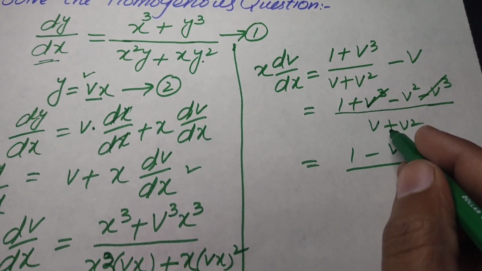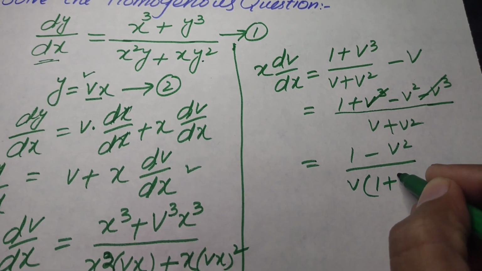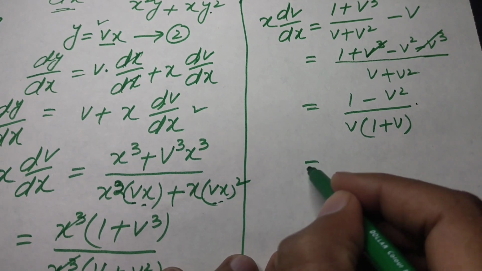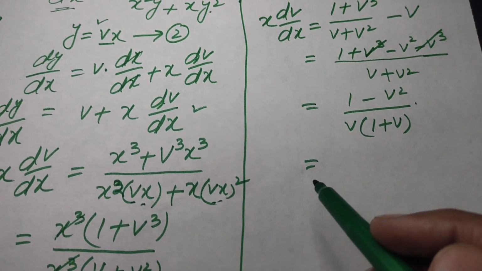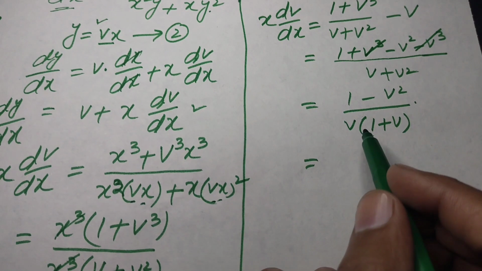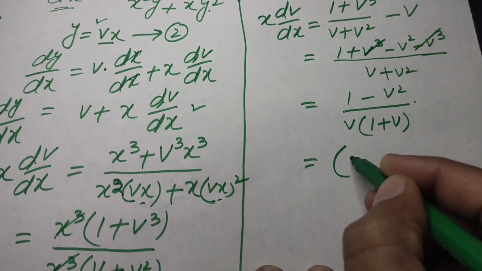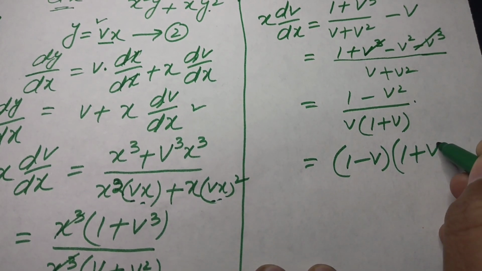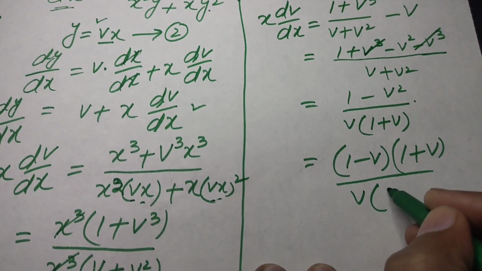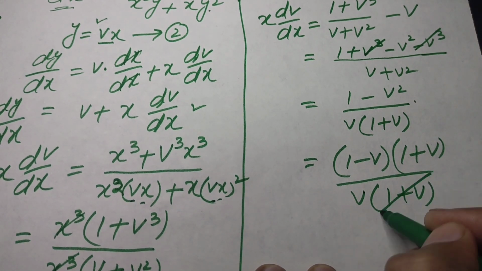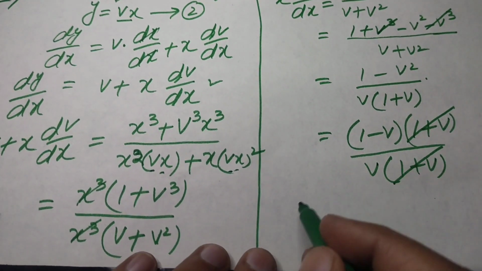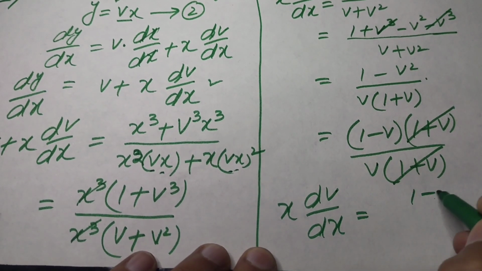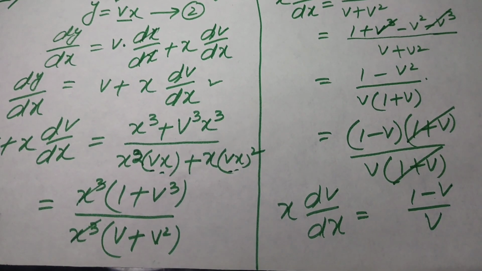Over here we take v common from both terms in the denominator and get v into (1 plus v). Now we know that a square minus b square is equal to (a minus b) into (a plus b), so we apply this formula here and get (1 minus v) into (1 plus v) over v times (1 plus v). This 1 plus v cancels out, and we get x into dv over dx is equal to (1 minus v) over v.